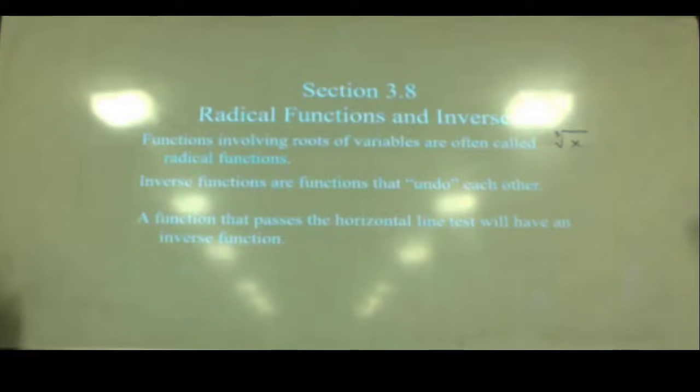So that's what we're going to be looking at, inverse functions. And our bottom statement here, a function that passes the horizontal line test will have an inverse function. So horizontal, you remember the vertical line test when we were looking at graphs? And if it passed the vertical line test, if a vertical line only touched it once, it was a function.